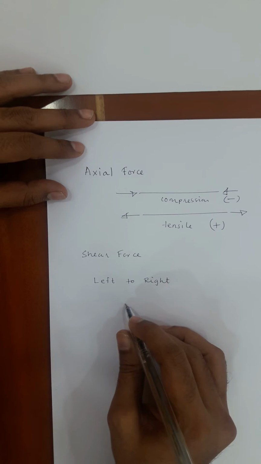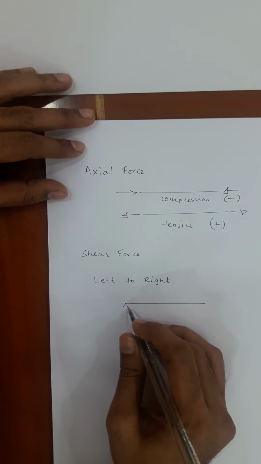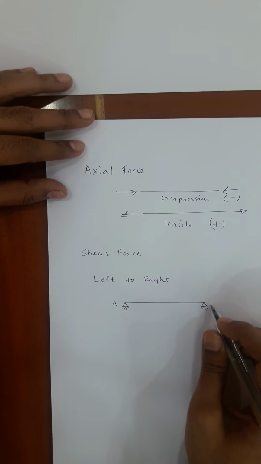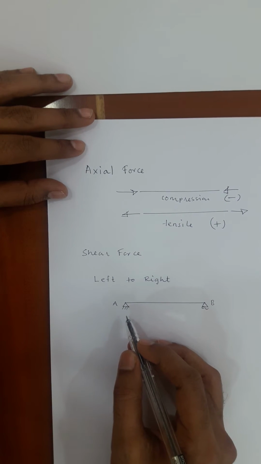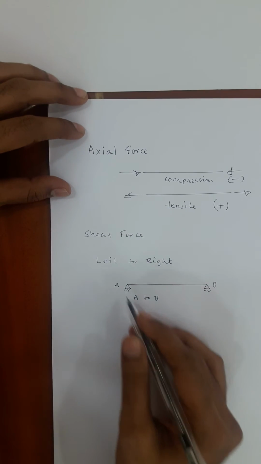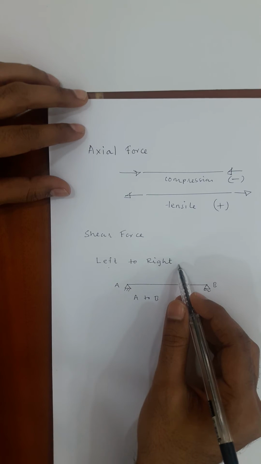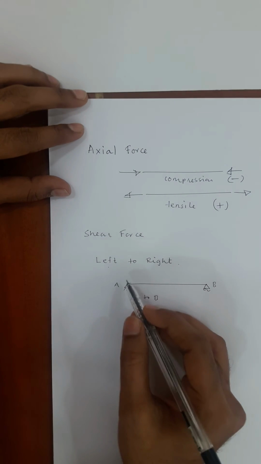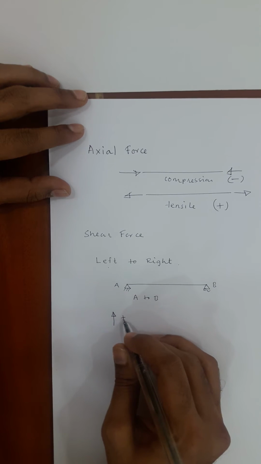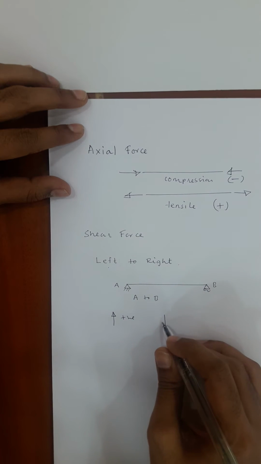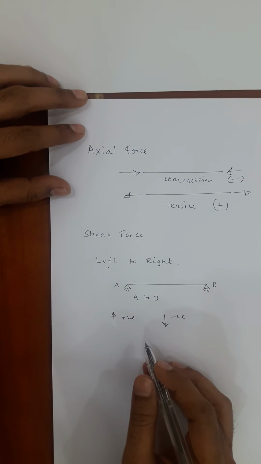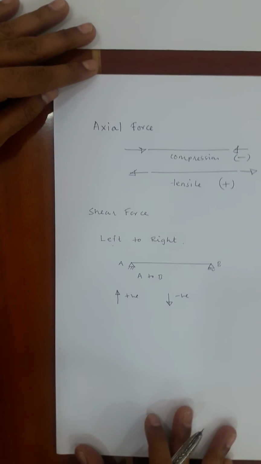If I take a beam, this is my simply supported beam A, B, and I'm following a direction A to B. It means that I'm following a direction left to right. So when you're following this direction left to right, whatever force is going upward, take it positive, and whatever force is going downward, take it negative. This is the sign convention for shear force.